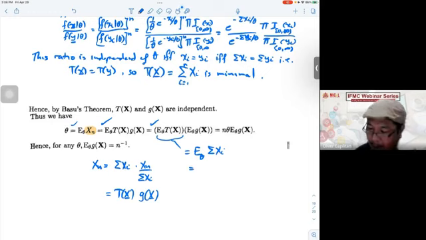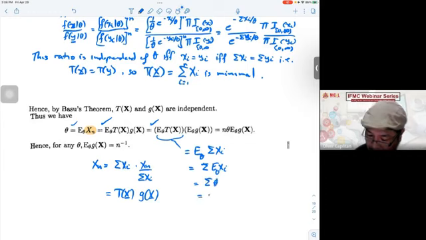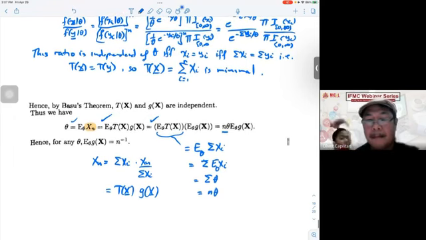And then we have IID, the summation of the expectation of the x sub i. And we know the mean of that is equal to theta, because we have n theta. So ito yung results. Therefore, since we are going to compute the expected value of g of x, the answer is equal to n to the negative 1.